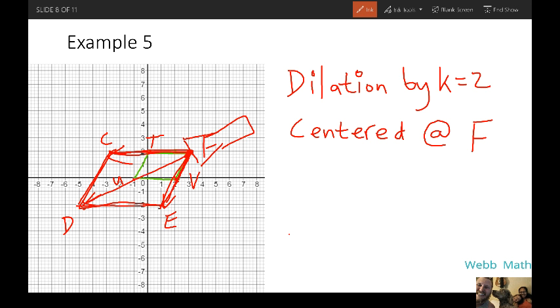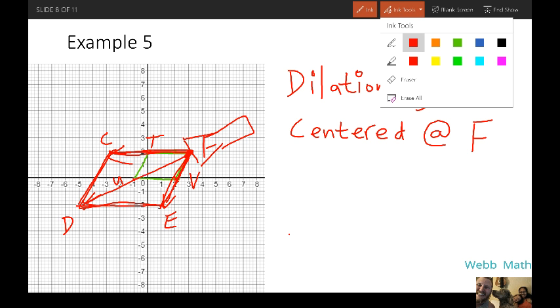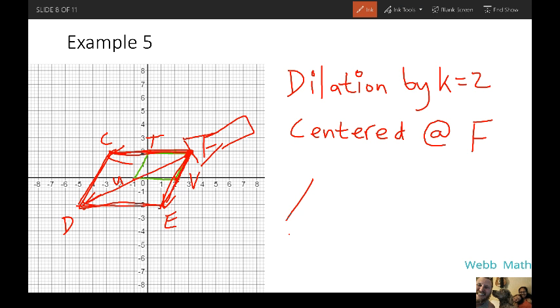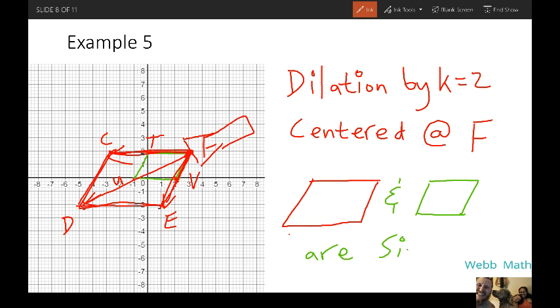Are they similar? Yes. Your red parallelogram and your green parallelogram are similar. They even have the same properties.